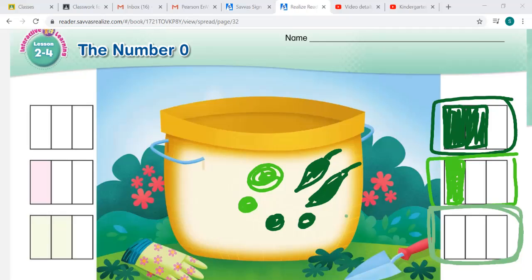No. Am I going to put any counters here to represent 0 cucumbers? No, I'm not. Why? Because 0 means none. There are no cucumbers, so I don't need to show any numbers to show the number of cucumbers because it is 0. So that is the number 0. 0 represents none. So I do not color any of these rectangles.